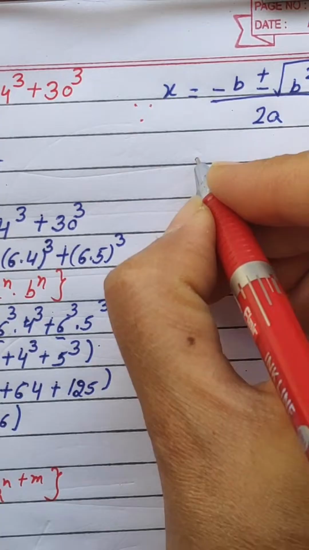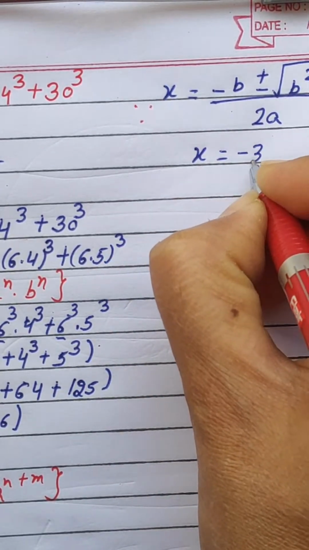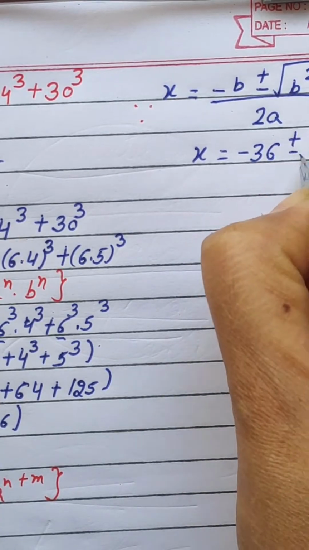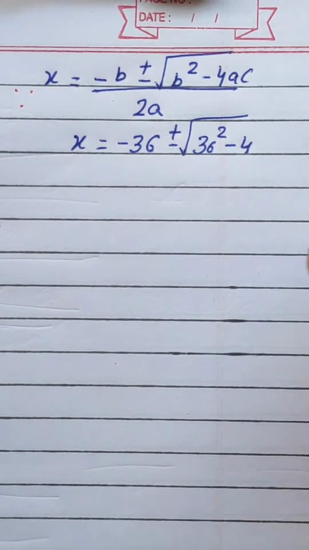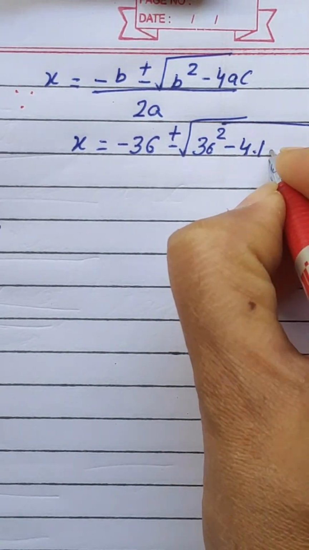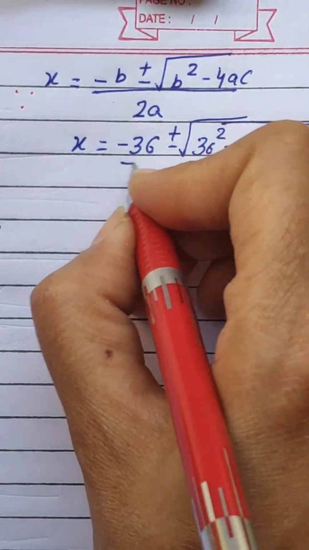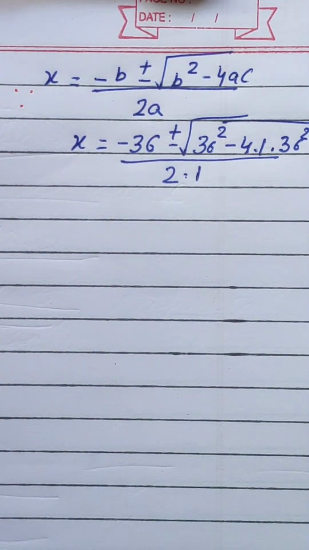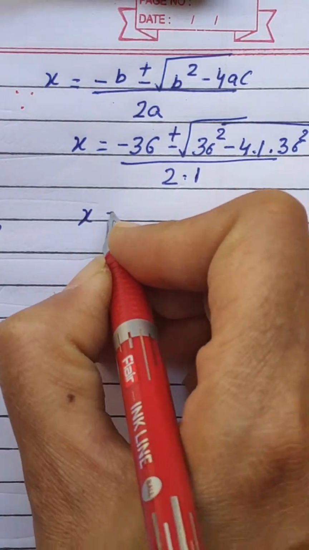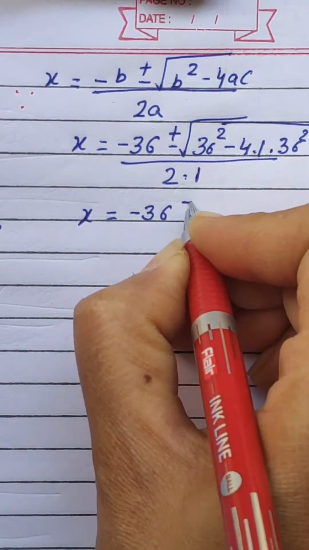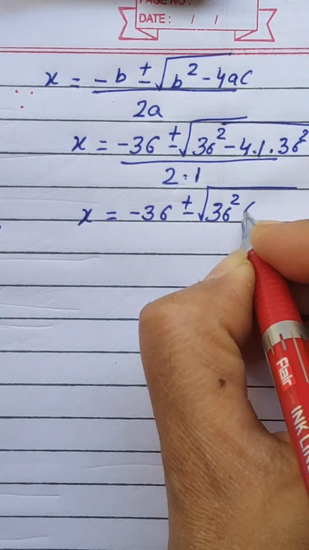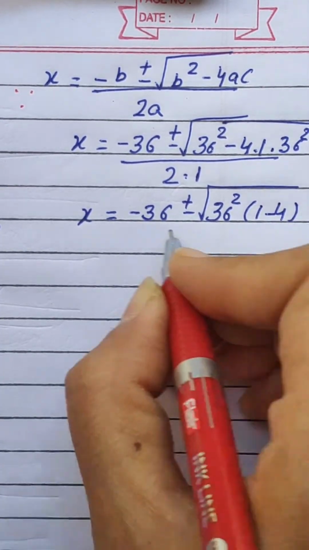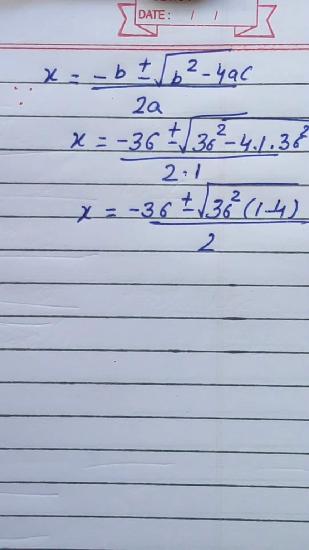So we are using x is equal to, b is our minus 36, so minus 36 plus minus square root of 36 square minus 4, a is equal to 1 and c is equal to 36 square, upon 2a.